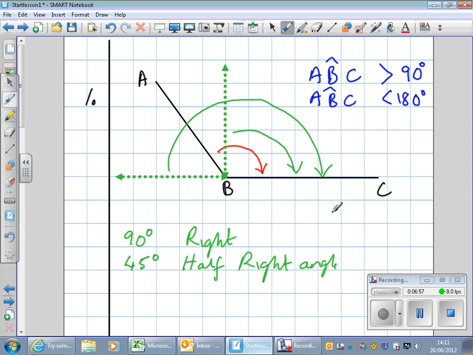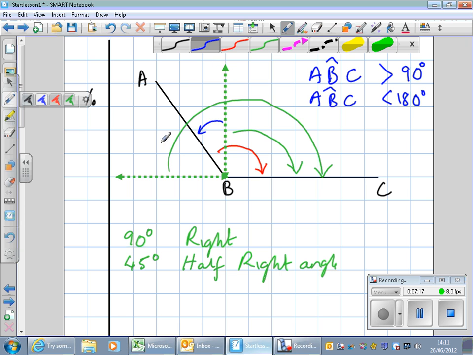Now, the important bit. How much less than 180 is it? Or how much more than 90 is it? Well, let's think. What would half a right angle look like? Well, half a right angle is just going to be a bit further to the left than this.